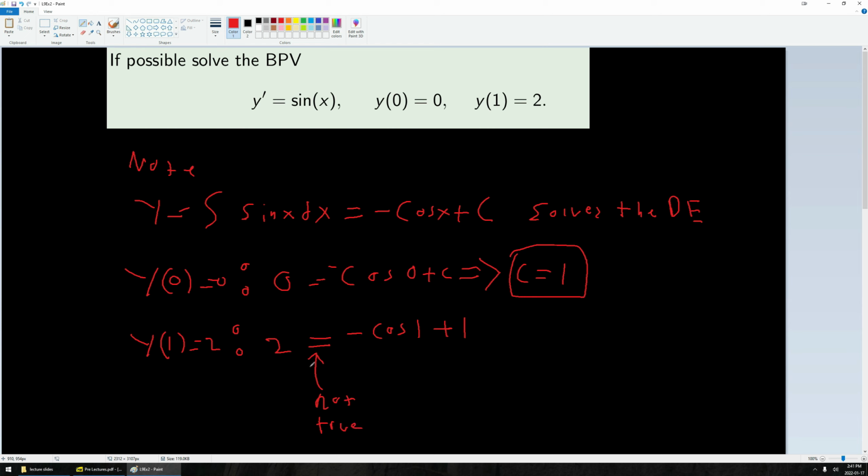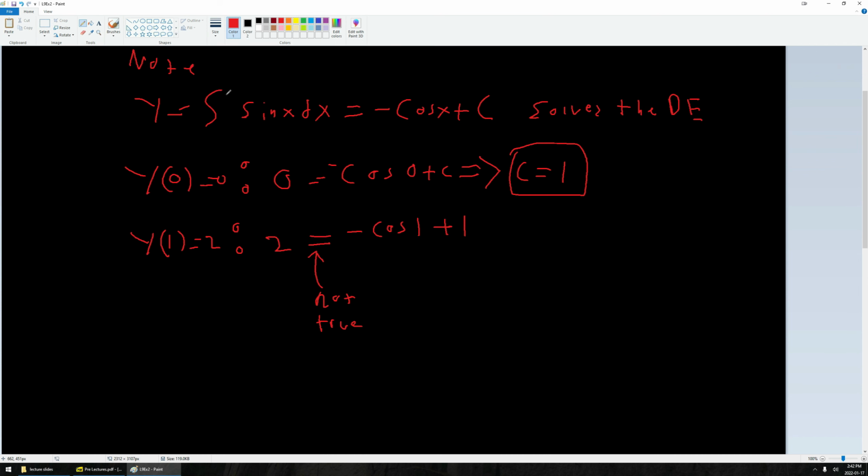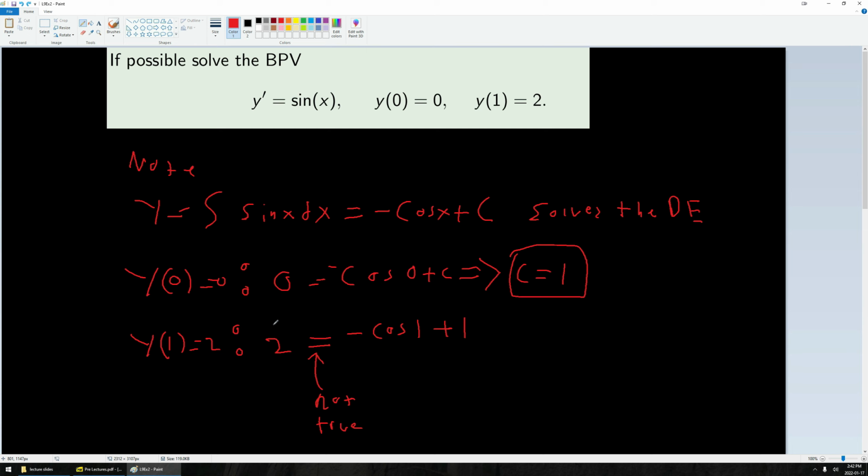Since this is not true, there can't be a solution, right? So I can satisfy one of the conditions, but not the other. Thus, there is no solution. Sometimes boundary value problems, even for first-order linear differential equations, won't have a solution.